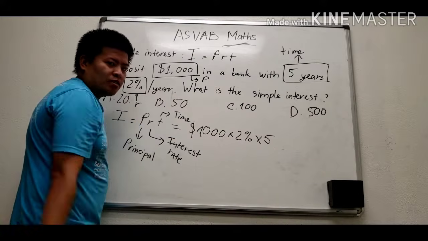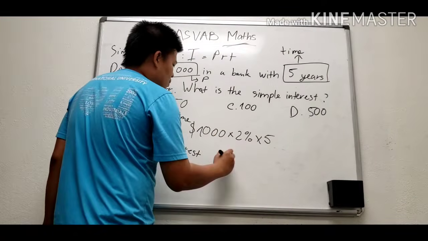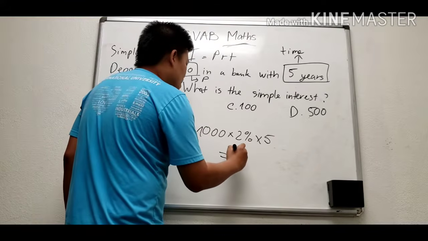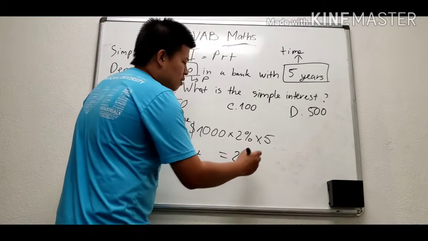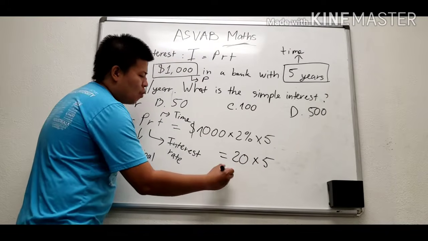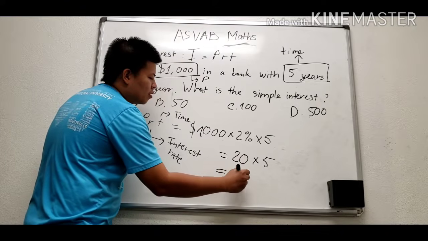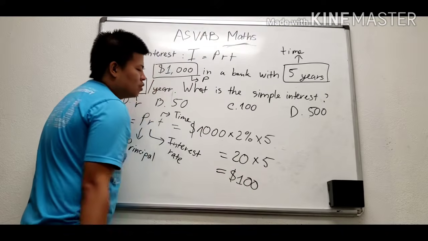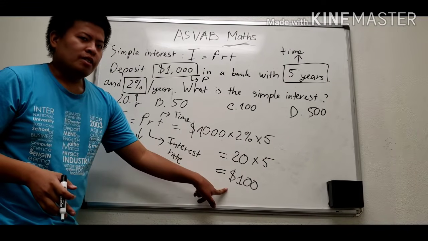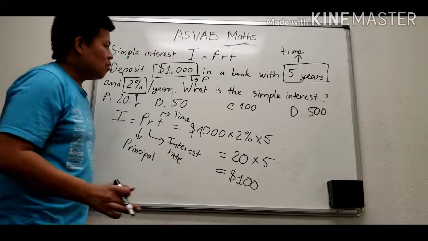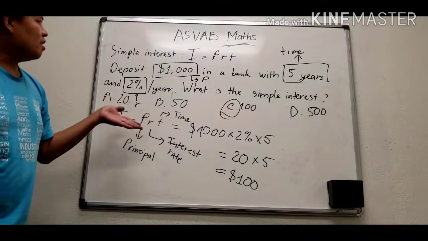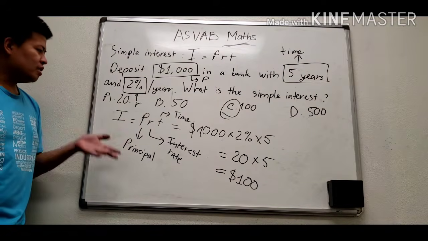So we multiply 3 numbers together. 1000 multiplied by 2% is 20. 20 multiplied by 5 years is about 100. So after 5 years, we will earn about 100 in simple interest. So the answer in here is C. That's the simple interest formula, and we just input in here.